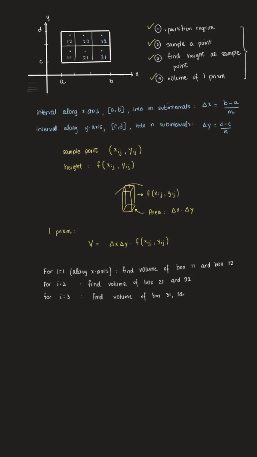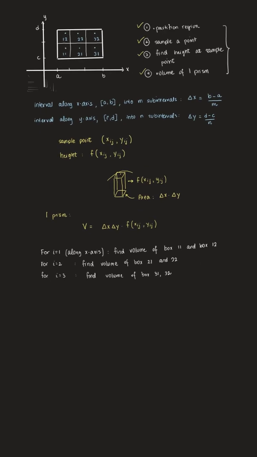Now, we're going to write this as two summations. So the volume between our surface and the region on the xy plane can be approximated by, let's see, first we're going to keep track of our i index. That will go from 1 to m along the x-axis.